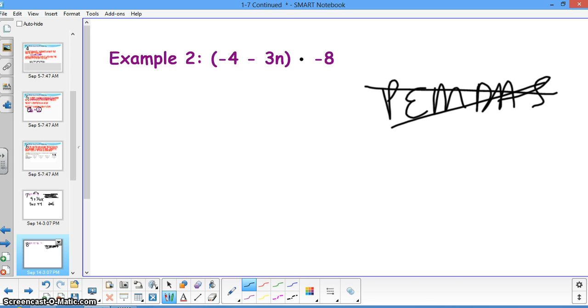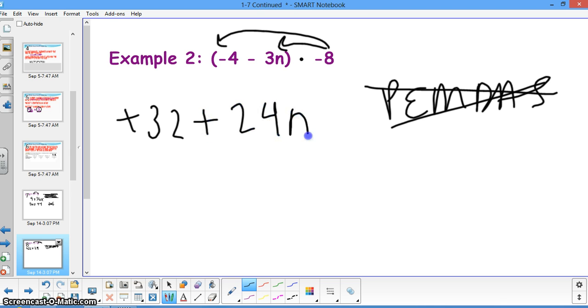It doesn't matter. You still need to distribute that negative 8. Negative 8 times negative 4 is positive 32. Negative 3n times negative 8 is positive 24. And don't forget the variable n. And like we said, variables come first.